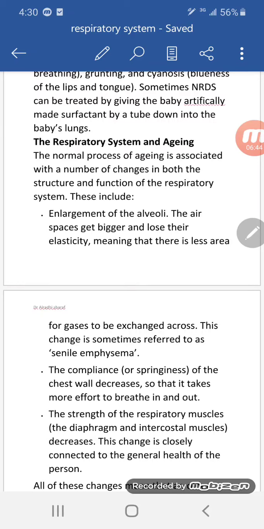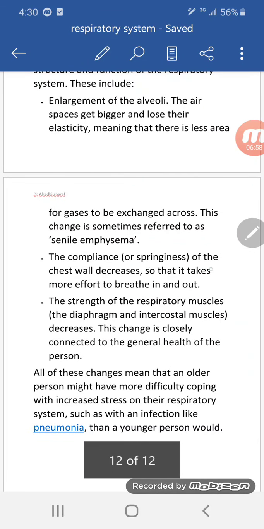So, when you become older, you should know these differences. Enlargement of alveoli, and airspaces become bigger and lose their elasticity. The compliance of the chest wall decreases, so it takes more effort to breathe in and out.